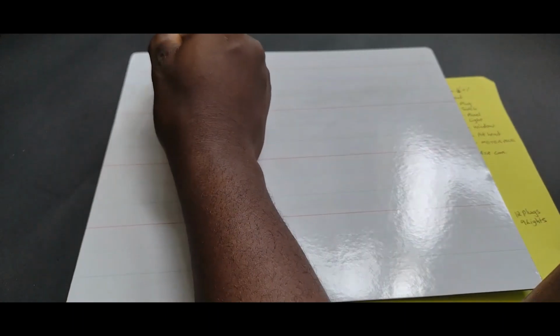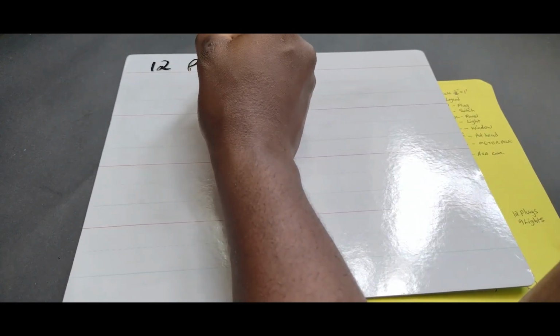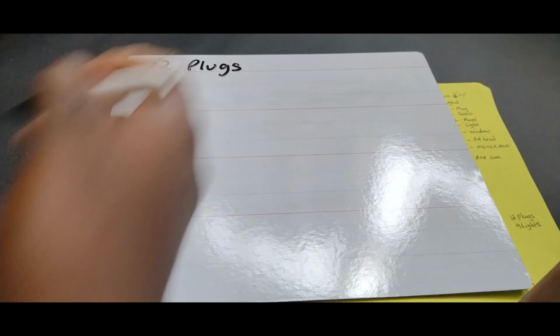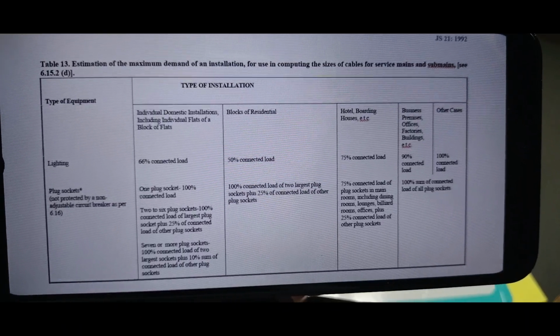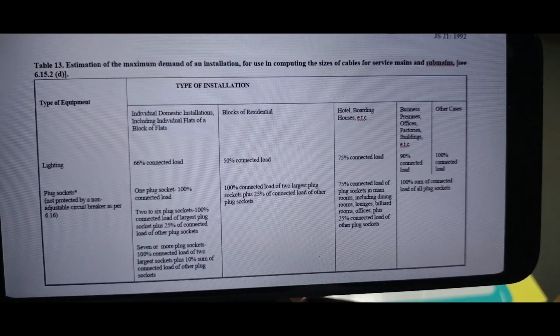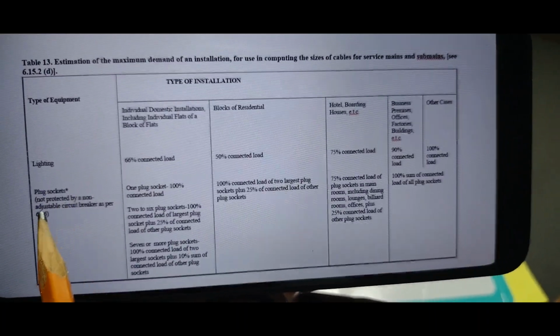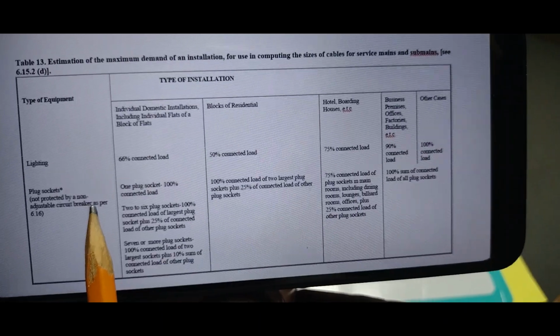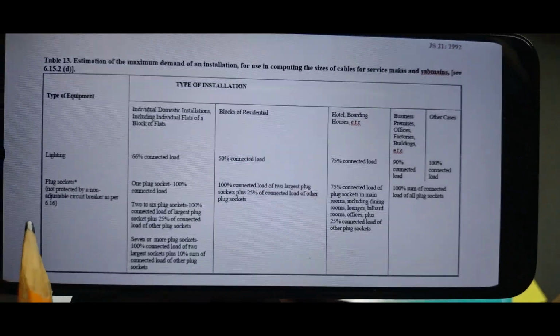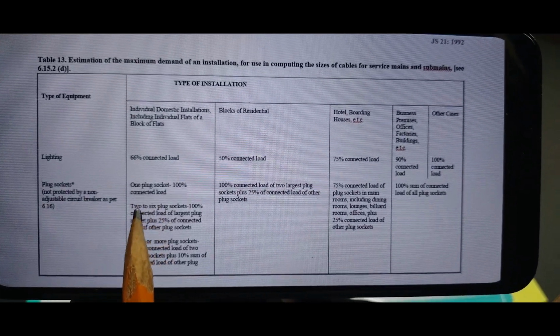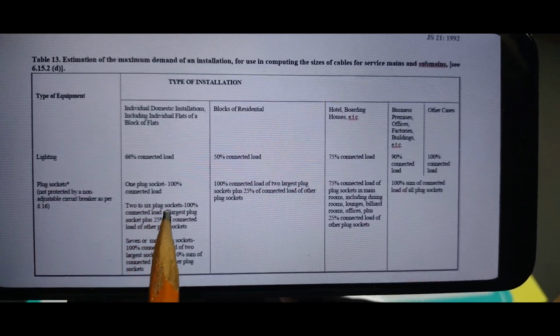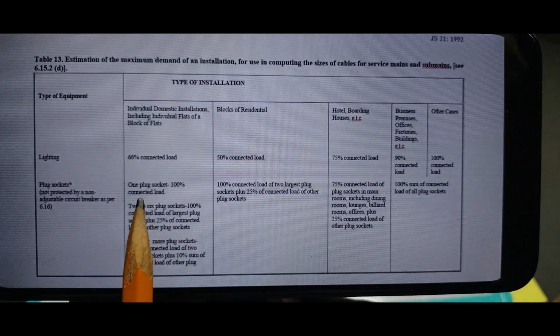Reminder that our house will be requiring 12 plugs. For plug sockets, our JS21 says, notice over here it says, plug sockets not protected by a non-adjustable circuit breaker as per 6.16, that's the article that we can refer to.